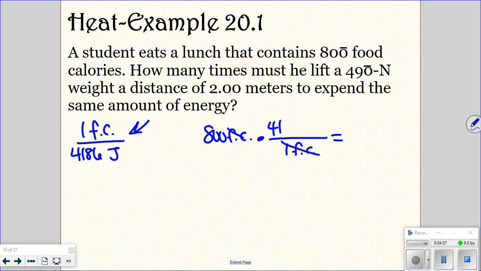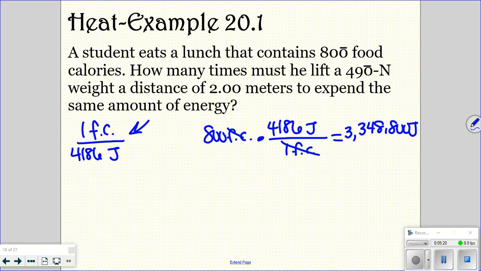And so 4186, and if you multiply, you get 3,348,800 joules.